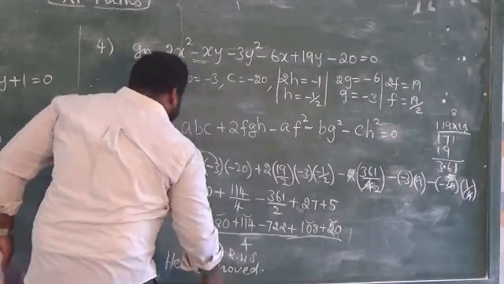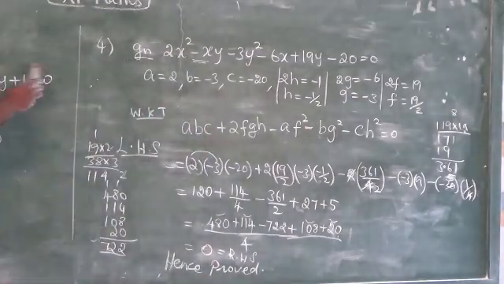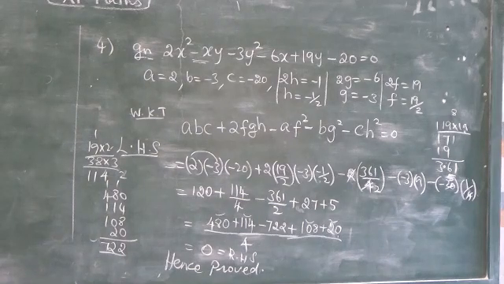One more thing, they are asking to show that the angle between the pair of intersecting lines is tan inverse 5.